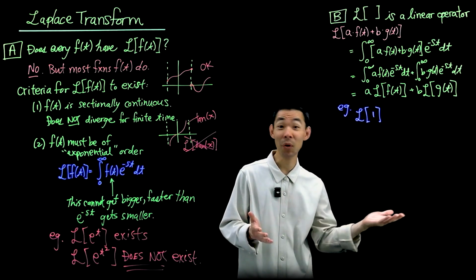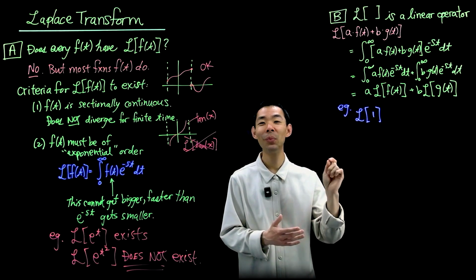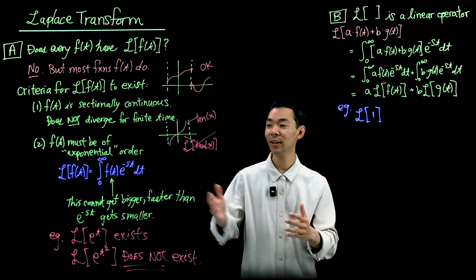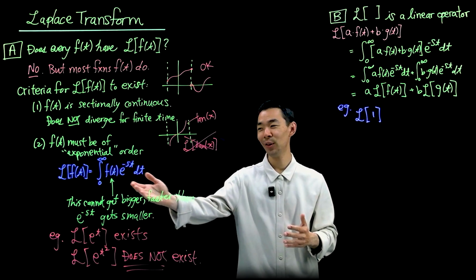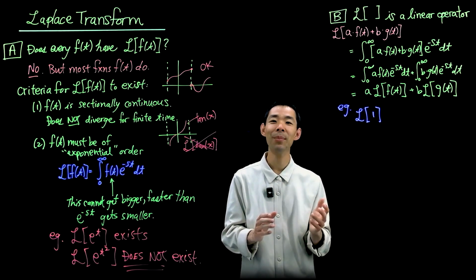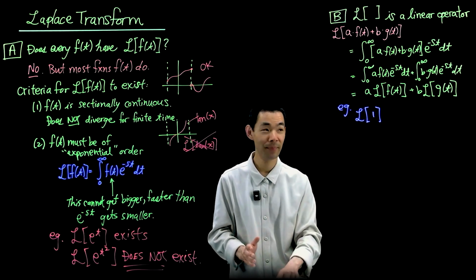It's a constant for all time t, but it is a valid function. What would the Laplace transform of 1 look like? When in doubt, use the definition. You just plug your function into the integral, slap on an e to the negative st, integrate from 0 to infinity. Let's try that.